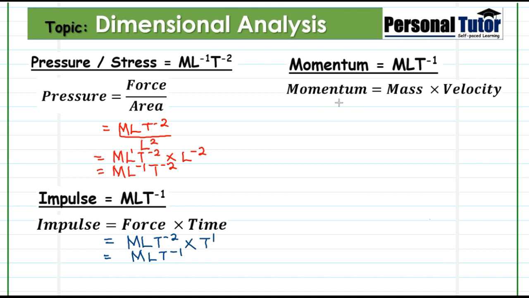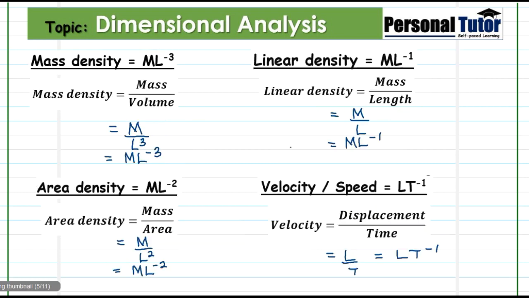Now, momentum is expressed as the product of mass and velocity. Writing their dimensional forms, mass has the dimensional unit M multiplied by velocity, which we earlier looked at here as LT exponent negative 1.